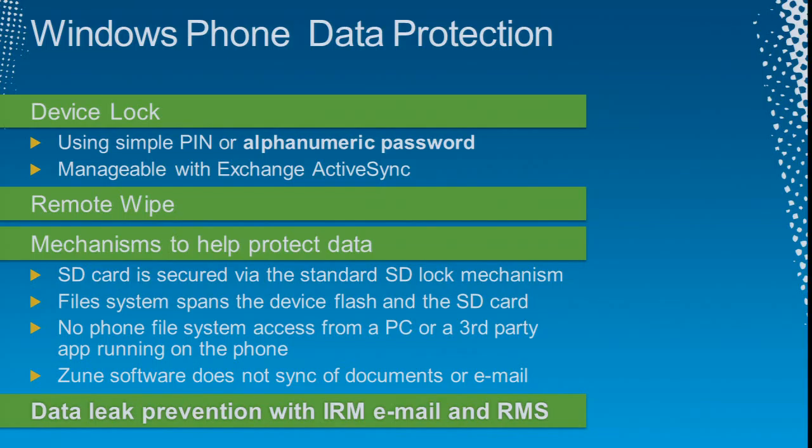So can I forward it? Can I reply to it? Can I print it? All of these are controls on what happens to email once it leaves your inbox. And this is a very powerful feature that we use quite a bit internally at Microsoft, and a number of other enterprise customers use to control the flow of email and its use. So that's a very powerful feature for data leak prevention.